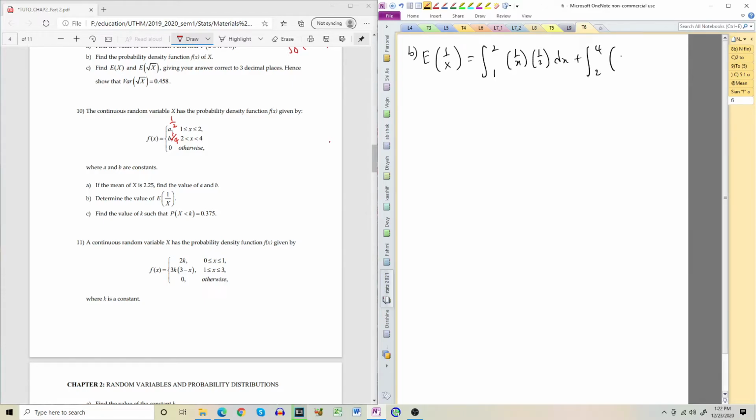Then 2 to 4, and sorry, this is 1/x, our b is 1/4. So if you do this, this is the idea. If you do this, I suppose you guys can do now, multiply, integrate.